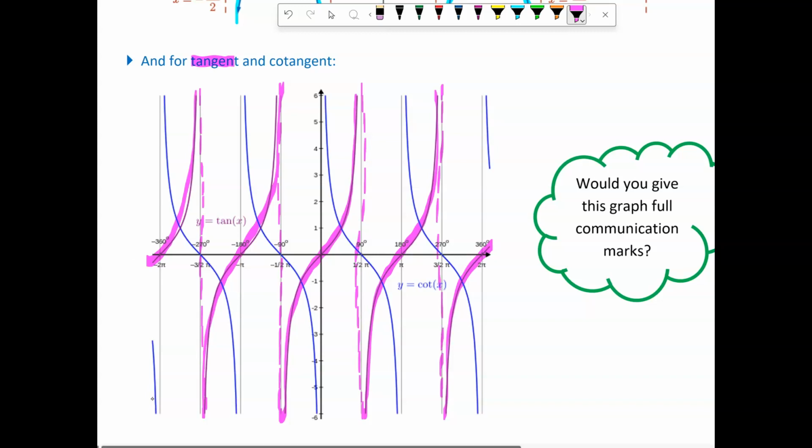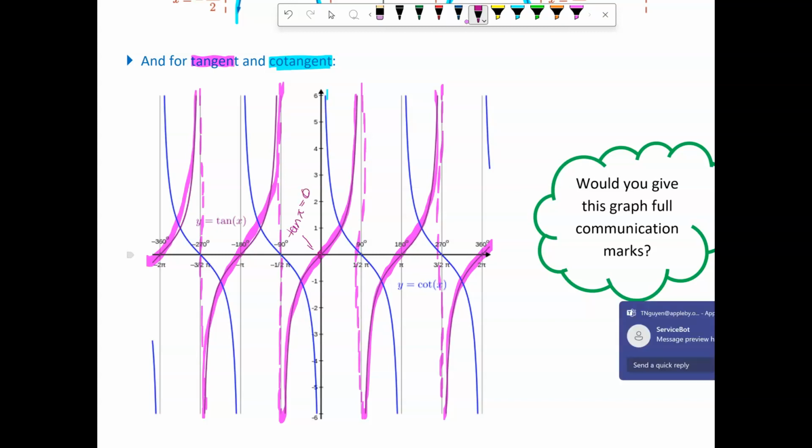Okay. But the cotangent, which is the reciprocal of tangent, is the flipped version, but it's not flipped from the exact same spot, because again, if we look at the points here, and we say tan of x is equal to 0, that reciprocal produces an asymptote again.